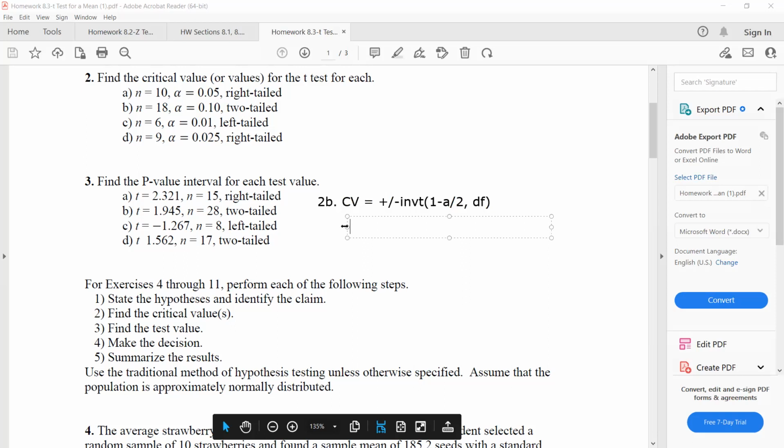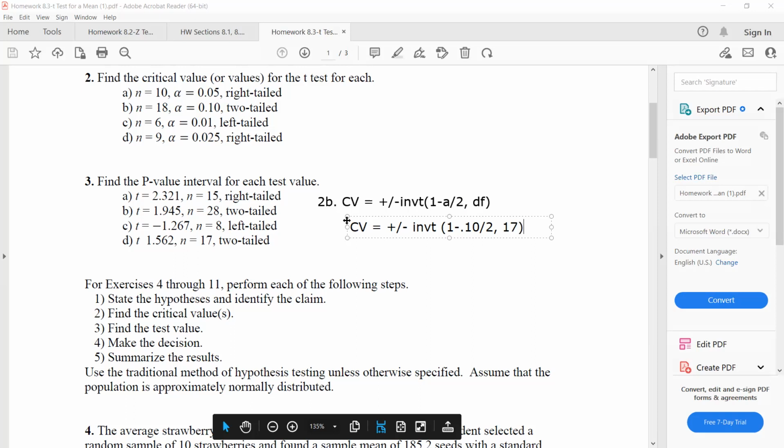Okay. So what does that mean here? That means we're doing CV is equal to plus or minus inverse T, 1 minus our alpha was 0.10. We're going to divide that by 2, and our degree of freedom is 1 less than n. So here we have 17.